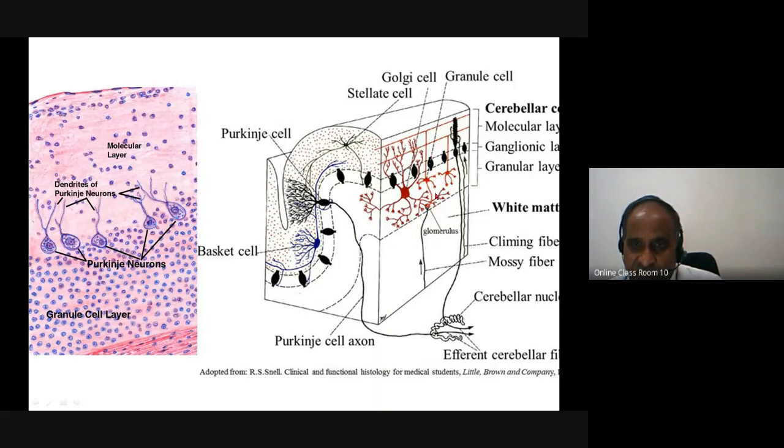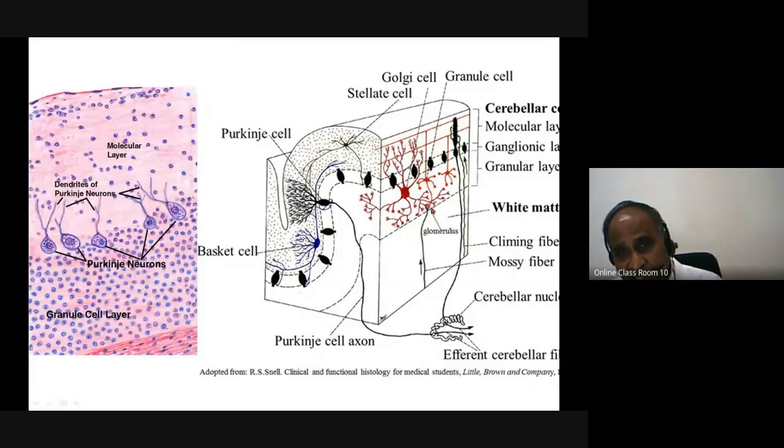Okay, so now one more aspect here, the connections. You just see what this connection is. This is a granular cell, and we have one more cell, what is called a Golgi cell. I just missed the Golgi cell in the previous slide. This Golgi cell has connectivity with the granular cell. It actually checks the activity of the granular cell.